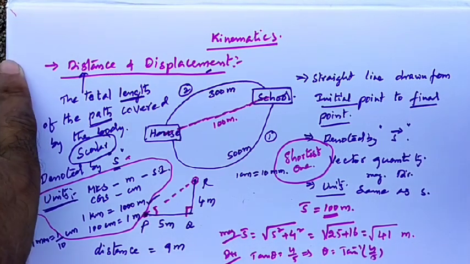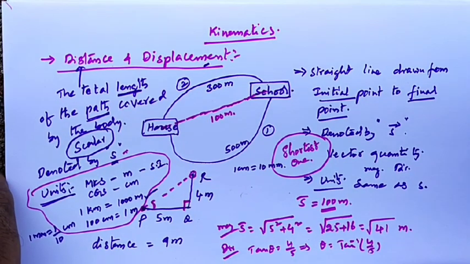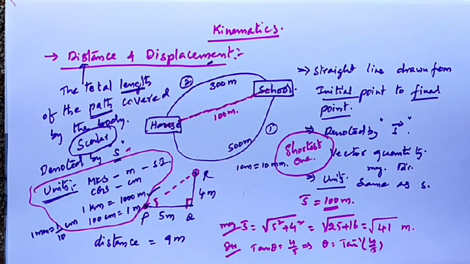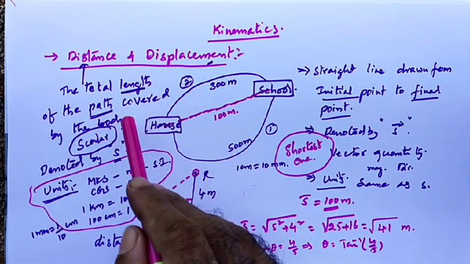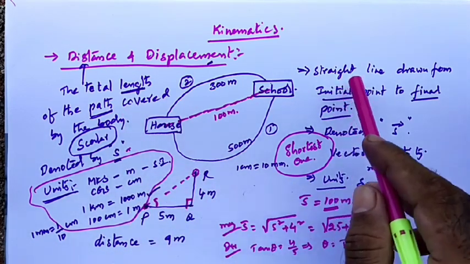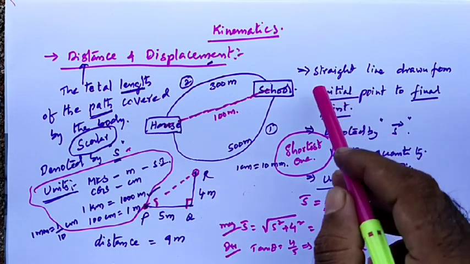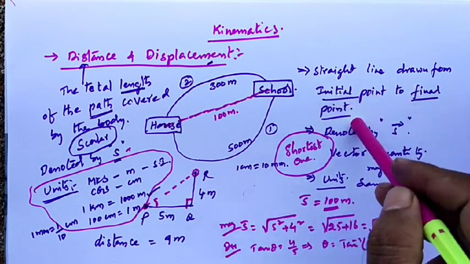So the thing you need to remember is that distance is the total length of the path covered by the body. Displacement is just the shortest one, which you draw from the starting point to the ending point.